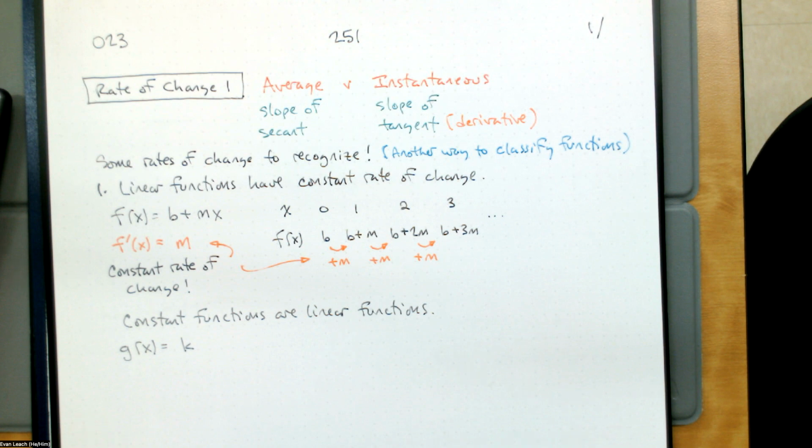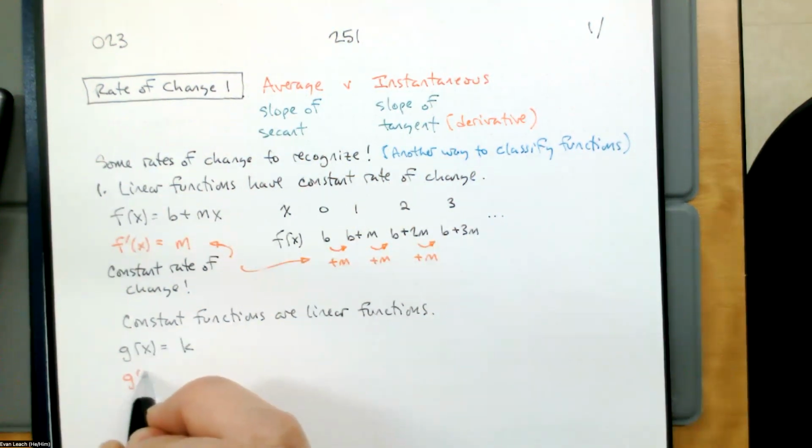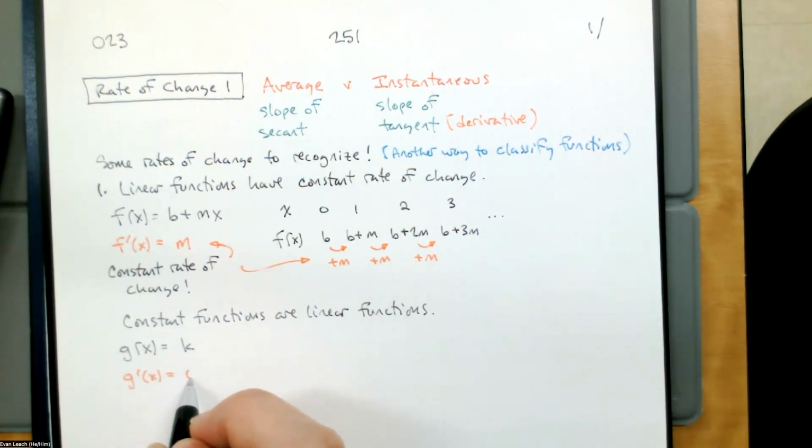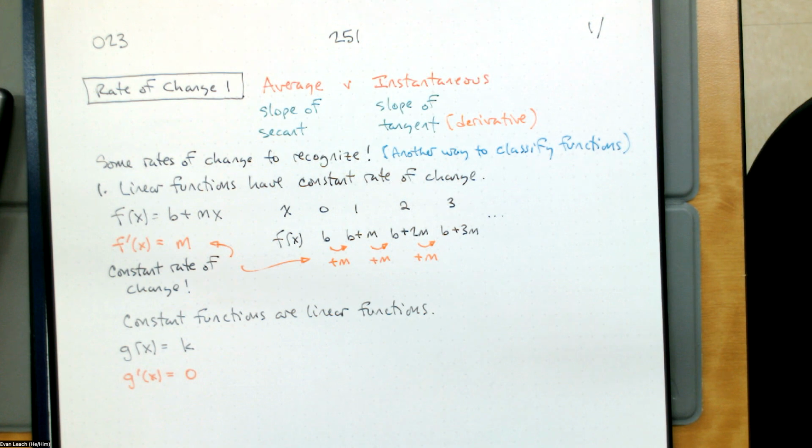Then the derivative is 0. This tracks because the graph of a constant function is a horizontal line. The slope of a horizontal line is 0.